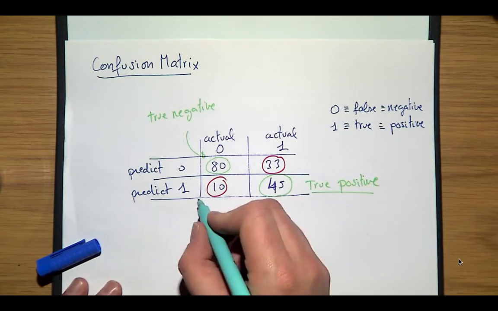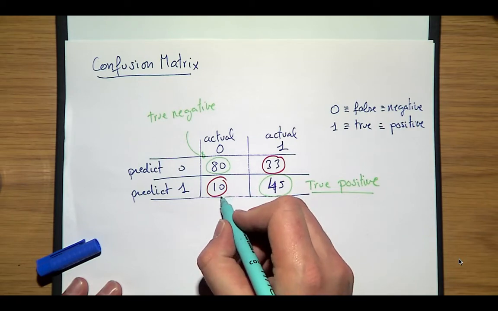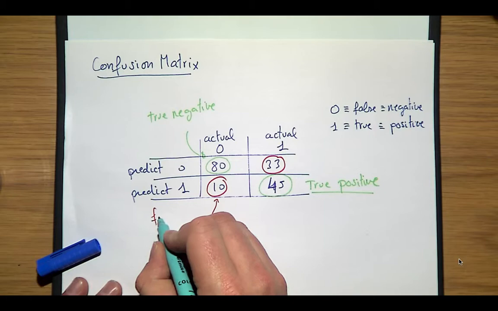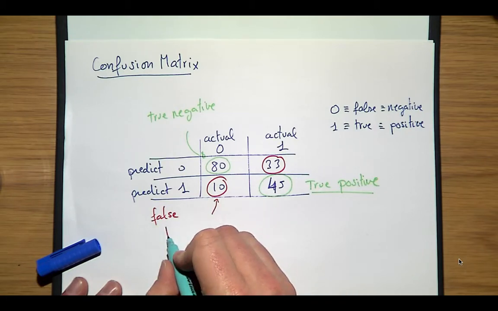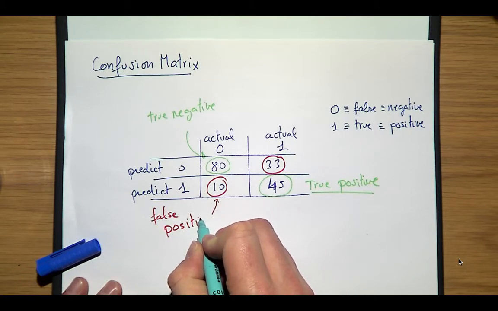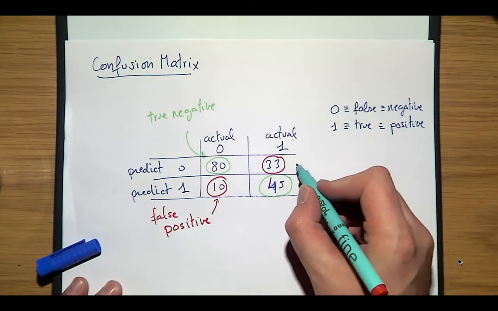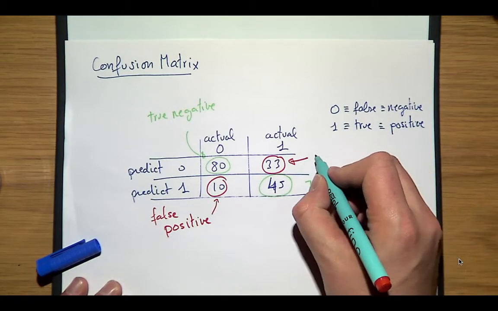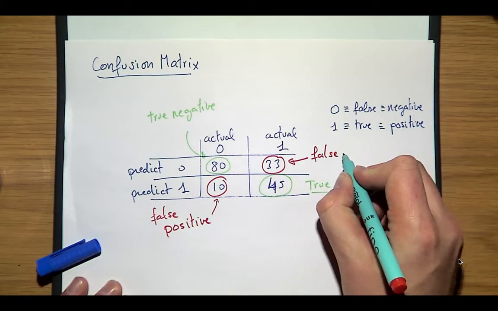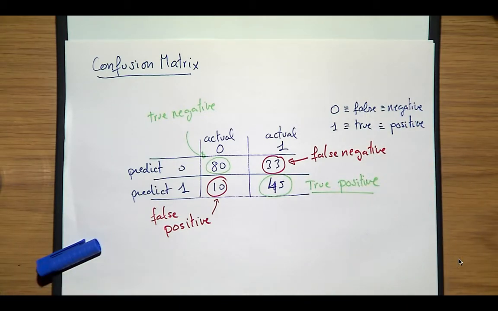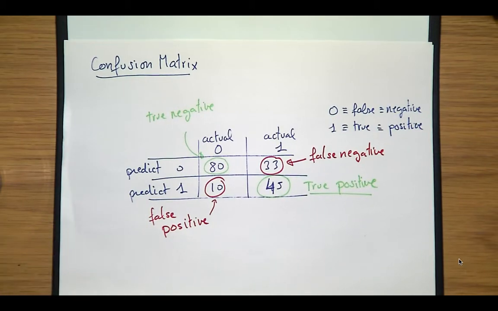You predict 1 and you actually have 0, so that's a false positive. You predict positive, but actually it's not true, it's false. And here, of course, would be false negative. So that's the 4 types of outputs you can have.